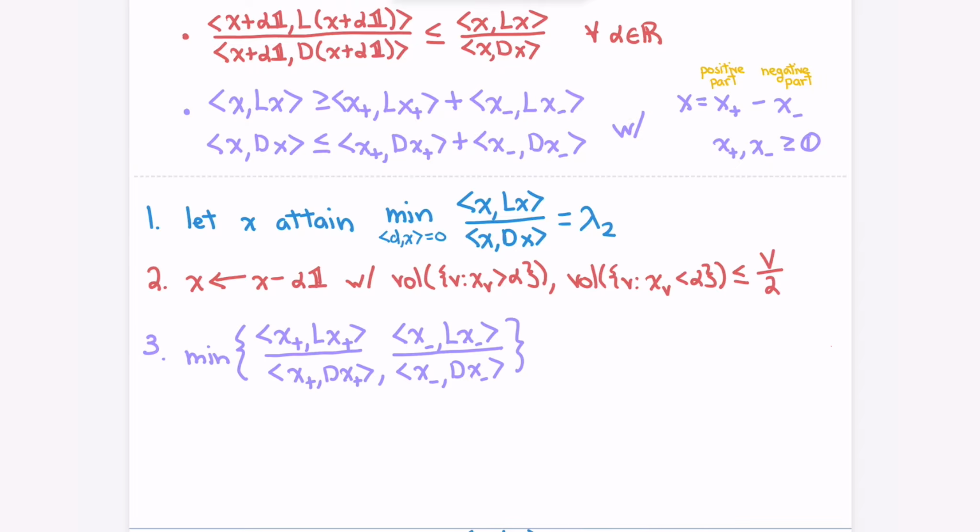So now, why is splitting good? They're both positive, so you can apply the lemma, but at some level you need to know that the ratios are good. I want to show that at least one of these two has a good ratio.